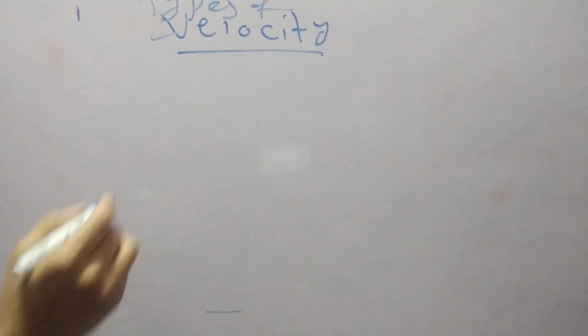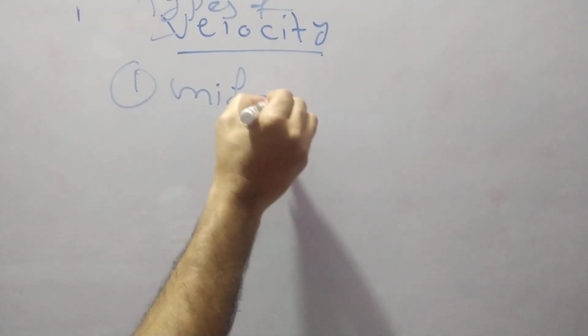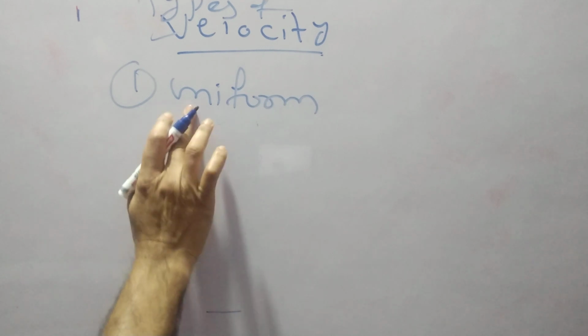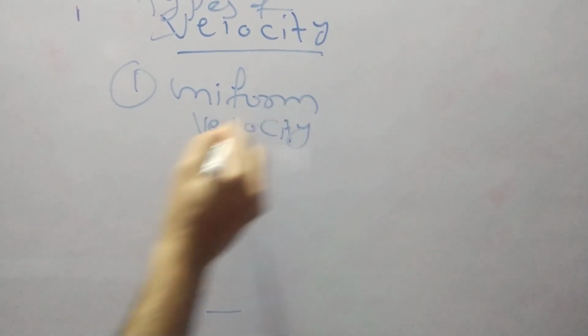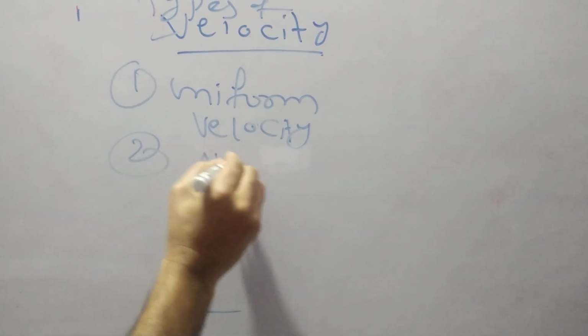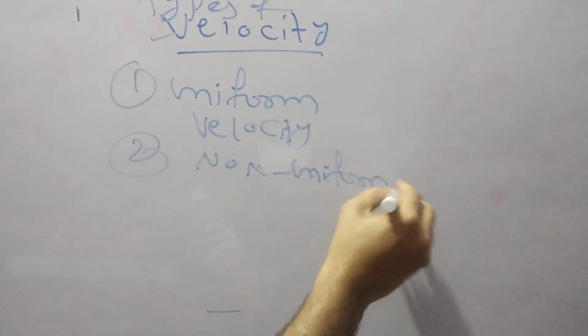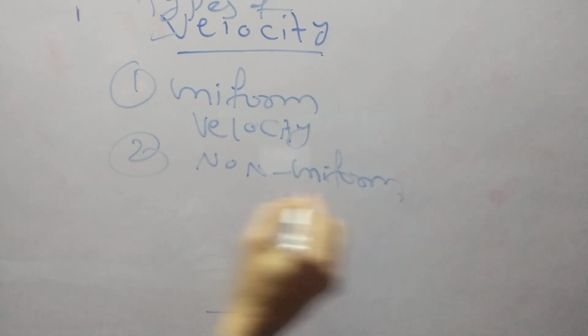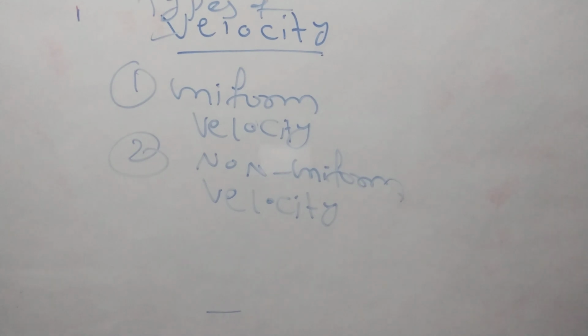Now, types of velocities, right? First one is uniform velocity. Second is non-uniform velocity, right?